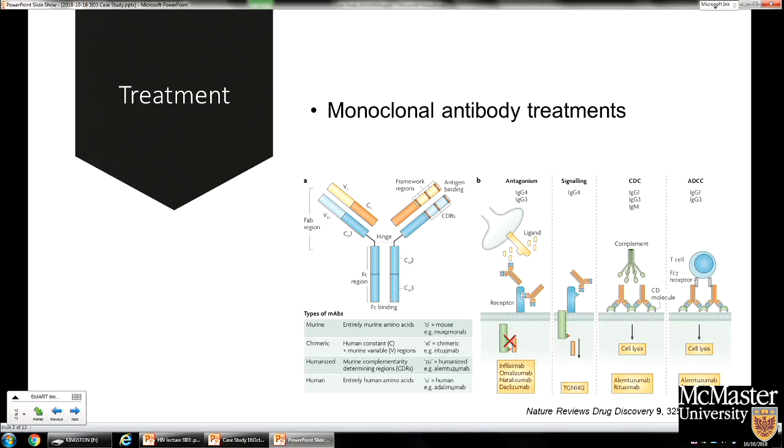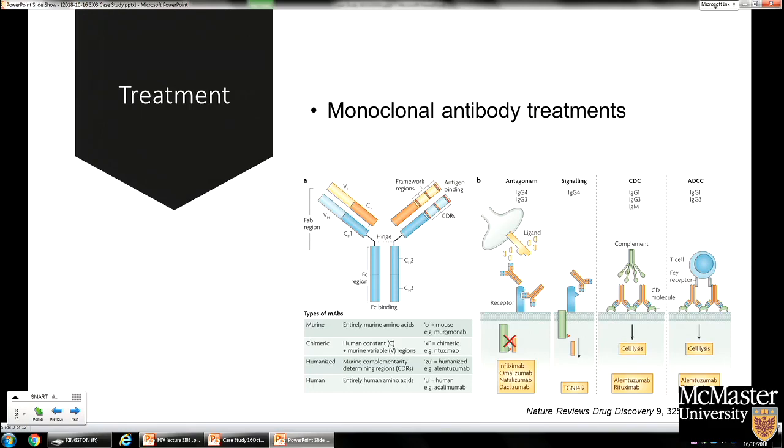They can interact with soluble or cell surface proteins or various other molecules, leading to antagonism. Monoclonal antibodies can also induce cell signaling, activate complement pathways, and facilitate direct cytotoxicity.